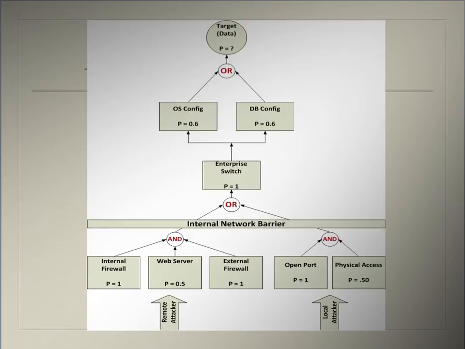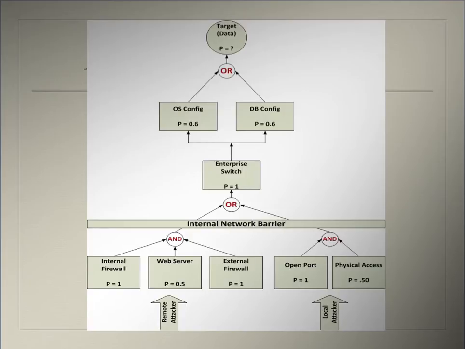So gaining access to an open port in a conference room or at a desk, an empty desk, is very easy to do. So there's a 50% chance that a local attacker would be able to access the switch and gain access to the internal network, and therefore gain access to the server.